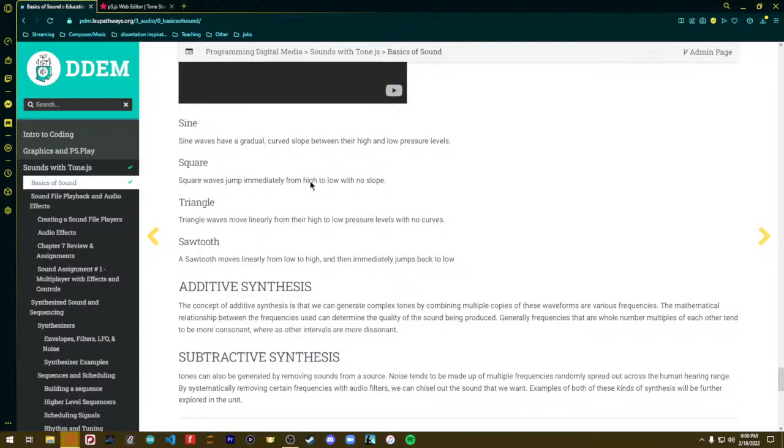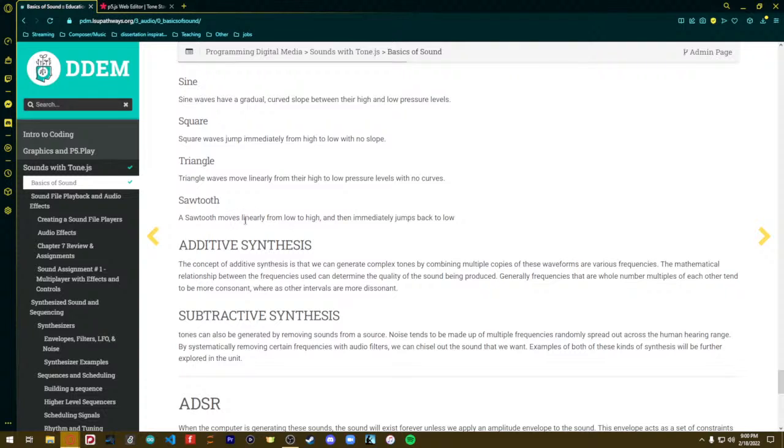A triangle wave is like a sine wave, but it moves directly from A to B with no curves. And then a sawtooth is kind of a combination of triangle and square, where it moves linearly, or in a straight line, from one to the other and then jumps back down.